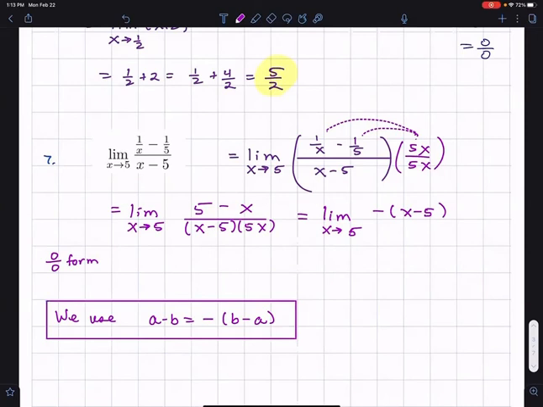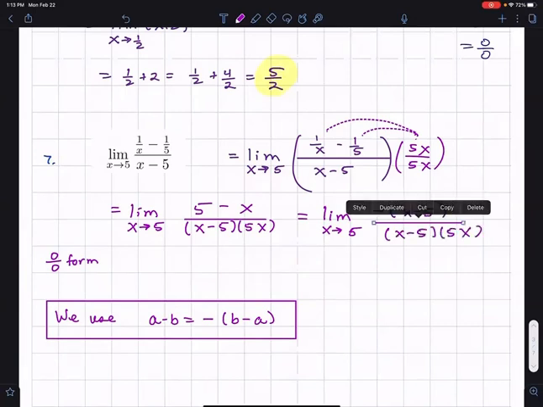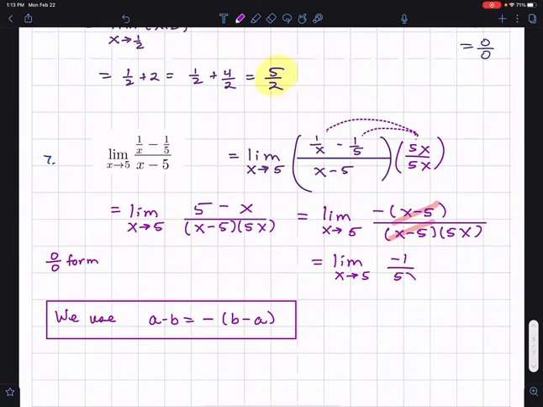Then let me go ahead and do the denominator. The x minus 5 factors cancel. And so therefore we have the limit as x approaches 5 of -1 over 5x, which is -1 over 5 times 5, which is -1/25.